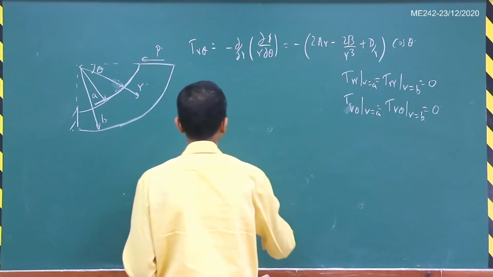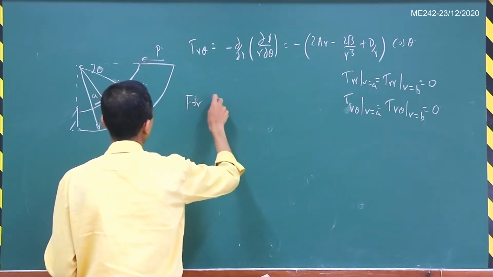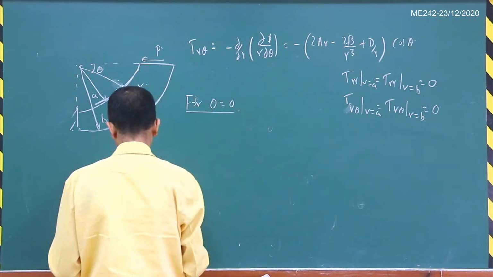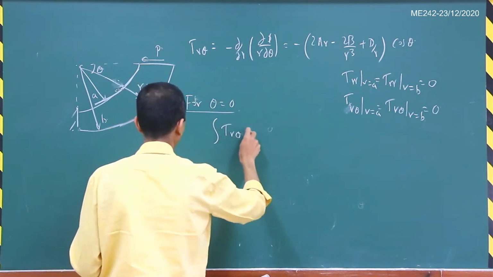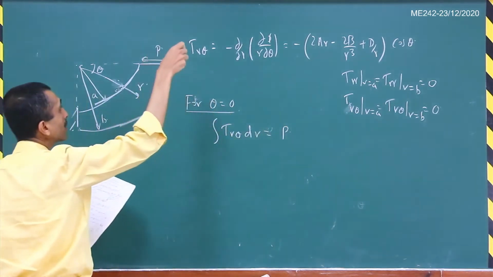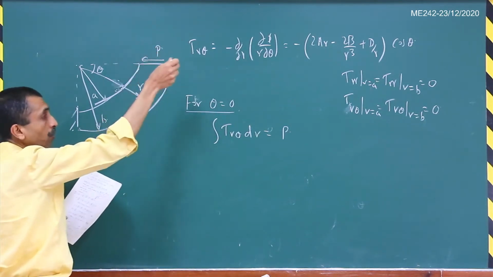Okay, so for theta equal to 0, you will get that the integral of tau r theta times dr is equal to P. And so again, we are assuming that the thickness into the board is unity.